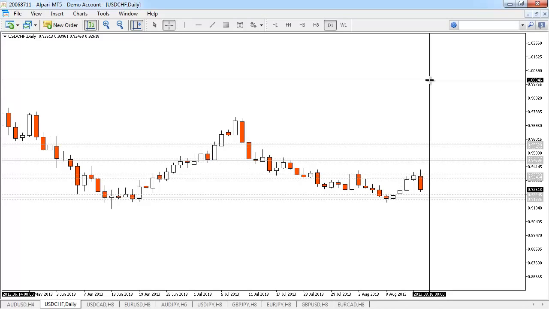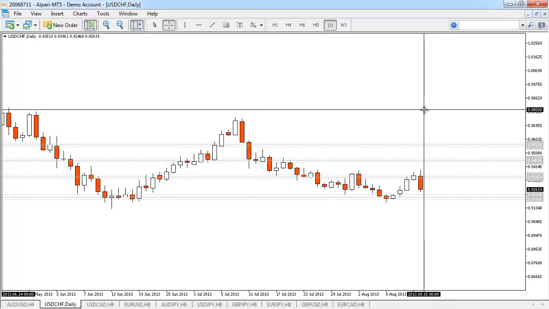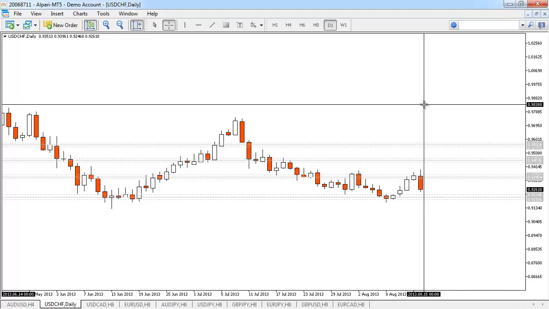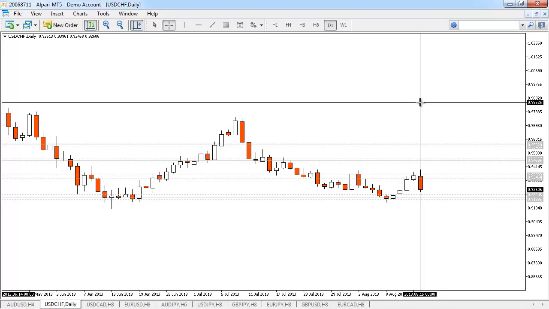But there are smaller psychological levels, and you're generally just looking for the zeros or looking for the 50s. So 0.9850, which is roughly there, that's a psychological level. It's just these rounded numbers because traders tend to place their stop losses and their entry targets at rounded numbers. And that's why rounded numbers tend to have a little bit of support resistance.